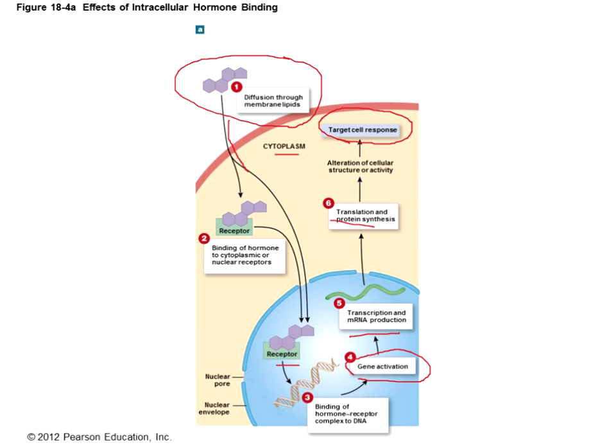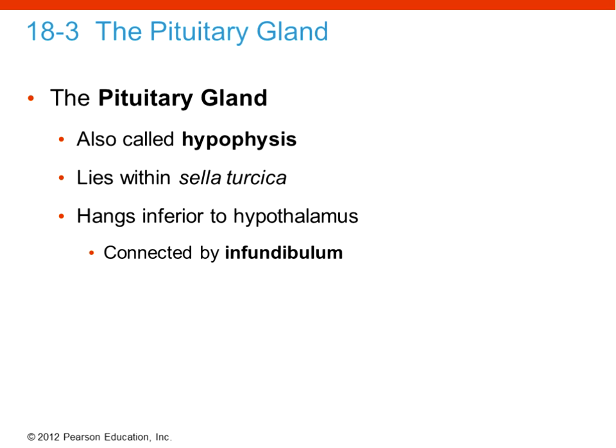All right, so that's an example of intracellular binding. So make sure you have a good understanding of when a hormone binds with the cell membrane, and those couple pathways we talked about, and then also when a hormone bypasses that and goes directly into the cell, understand that pathway as well.